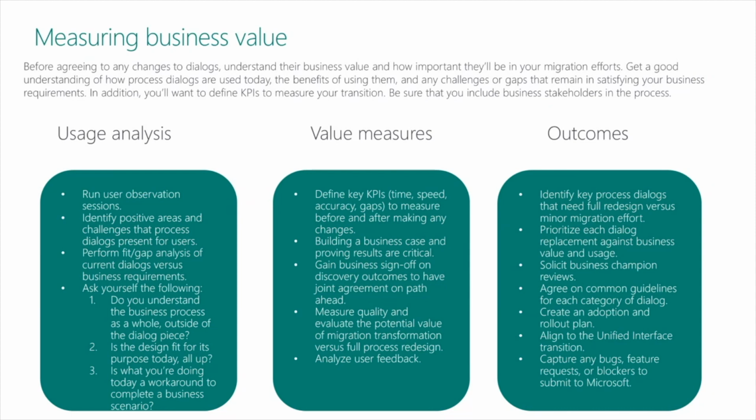In addition, you also want to define some KPIs to measure your transition, such as time, speed, accuracy. These let you measure how effective your alternative approaches are in satisfying your business requirement and potentially eliminating some of the gaps that you already have with the process dialogues today.